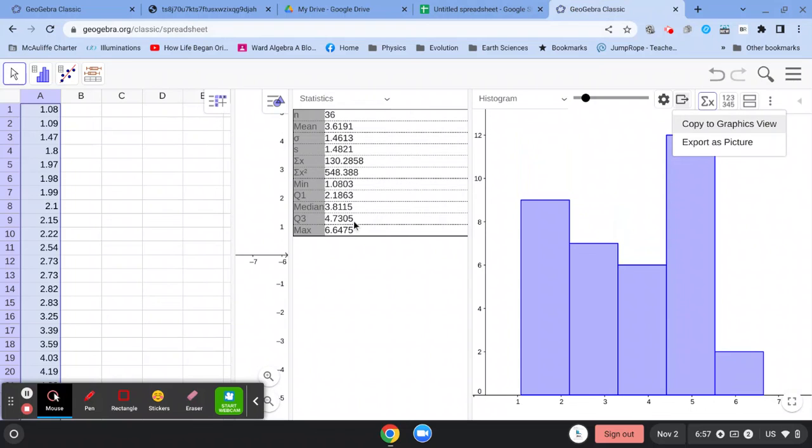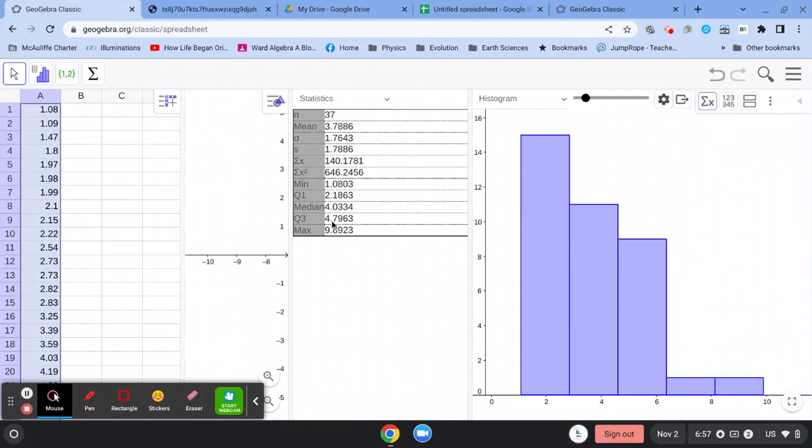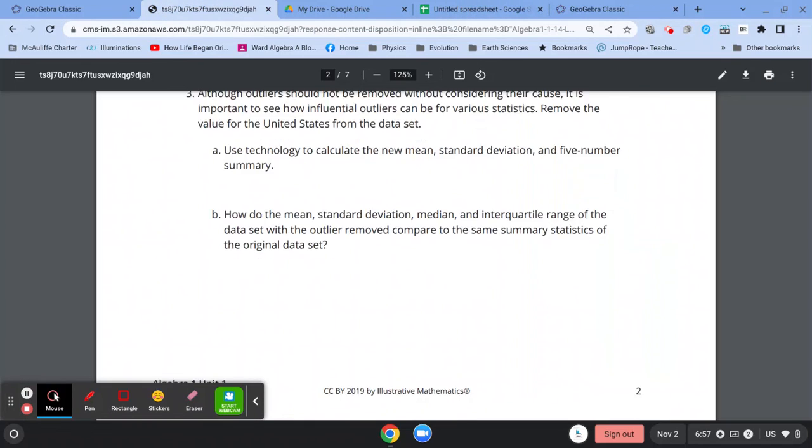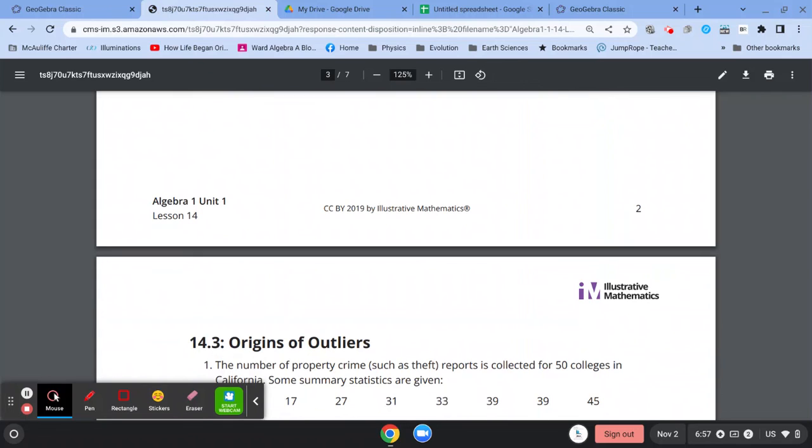The new quartile 3 is lower, 4.7305, but not much, and 4.7969963. Okay, so those are changes that you get. So you want to compare that. Now we get on to, I'm going to go ahead and stop this because it's getting kind of long.